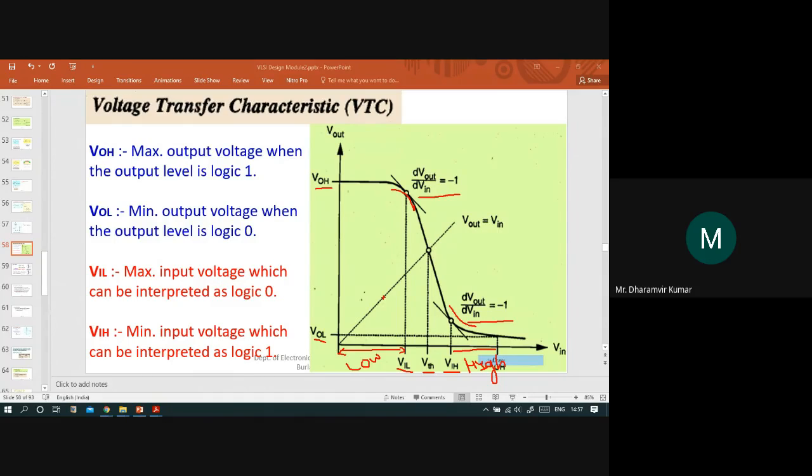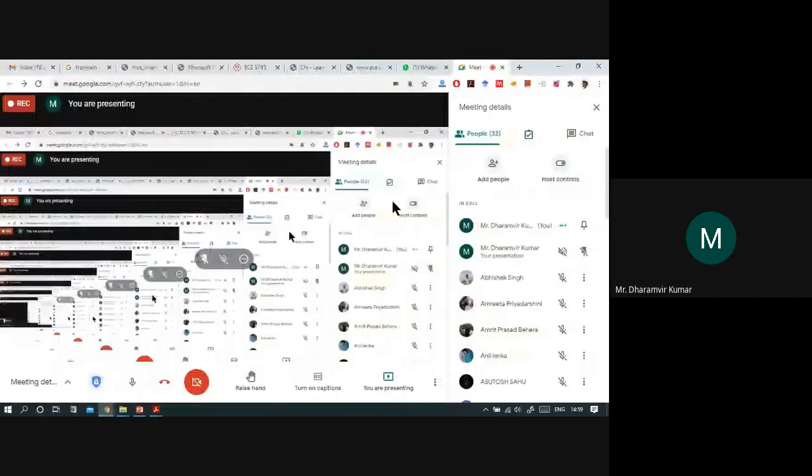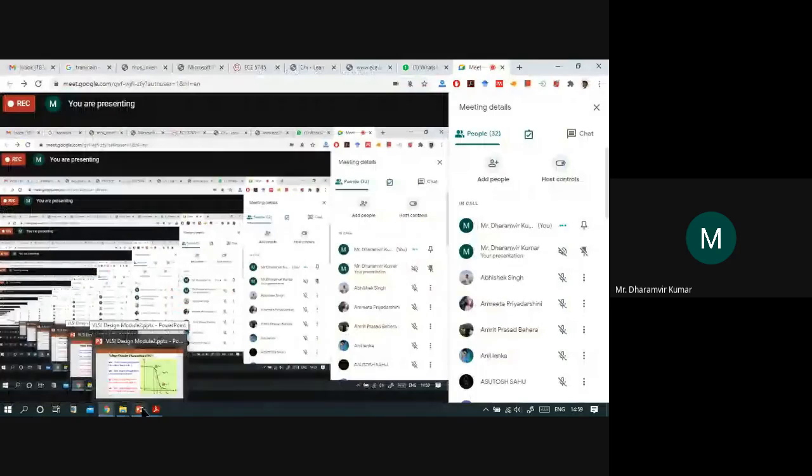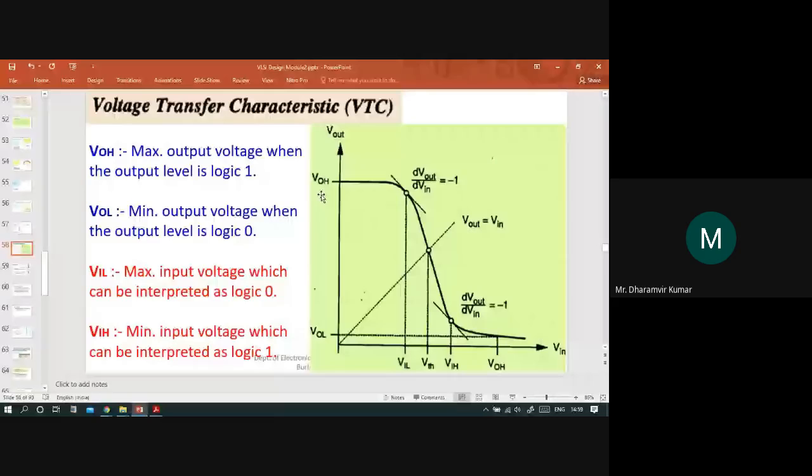At the edges it has a certain slope at these points, so we should introduce these parameters VOH, VOL, VIL, and VIH. Coming to VOH first, VOH is the maximum output voltage when the output level is logic 1.